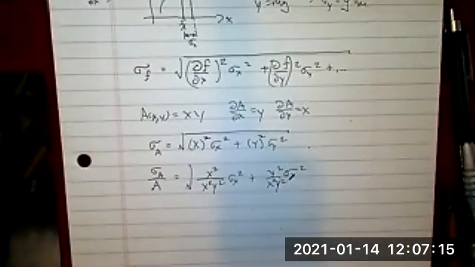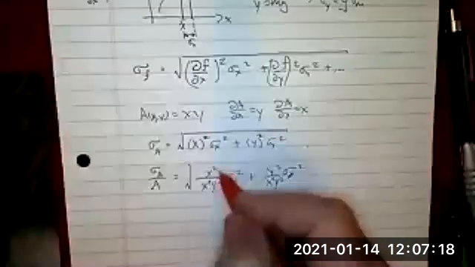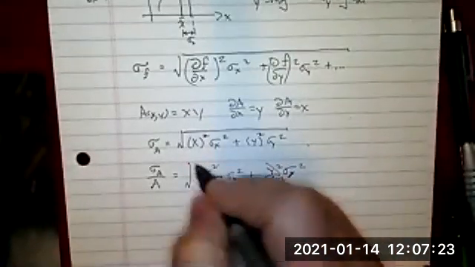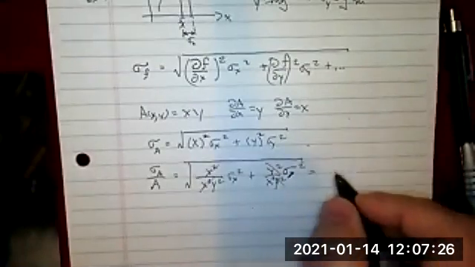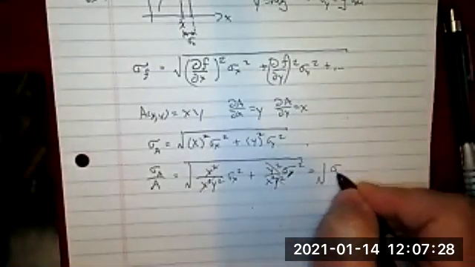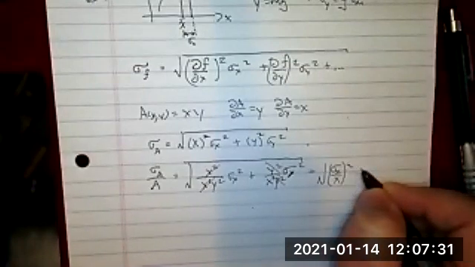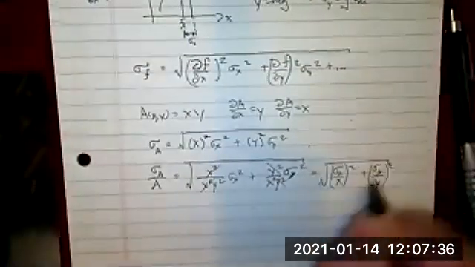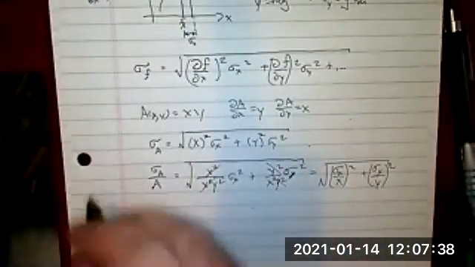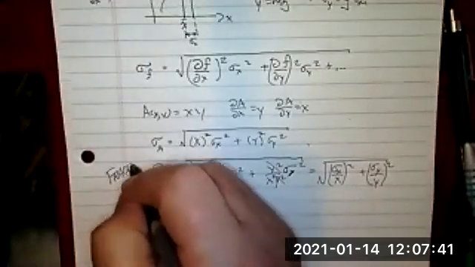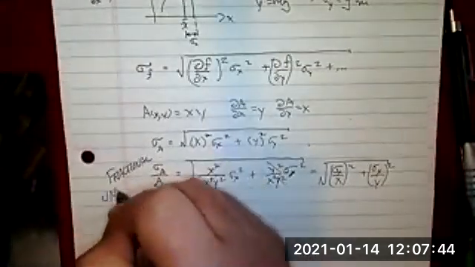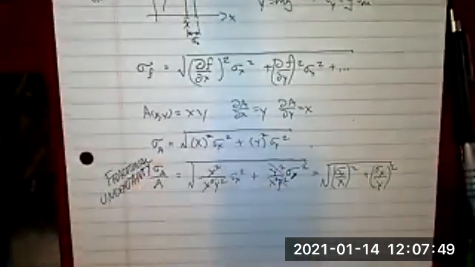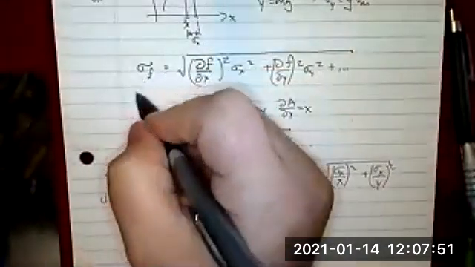You see what happens, the x's cancel out in the first term, and the y's cancel out in the second term, and you get, and this is true for all multiplication, sigma x over x, squared, plus sigma y over y, squared. And this number right here is called the fractional uncertainty, whereas this is just called the uncertainty.